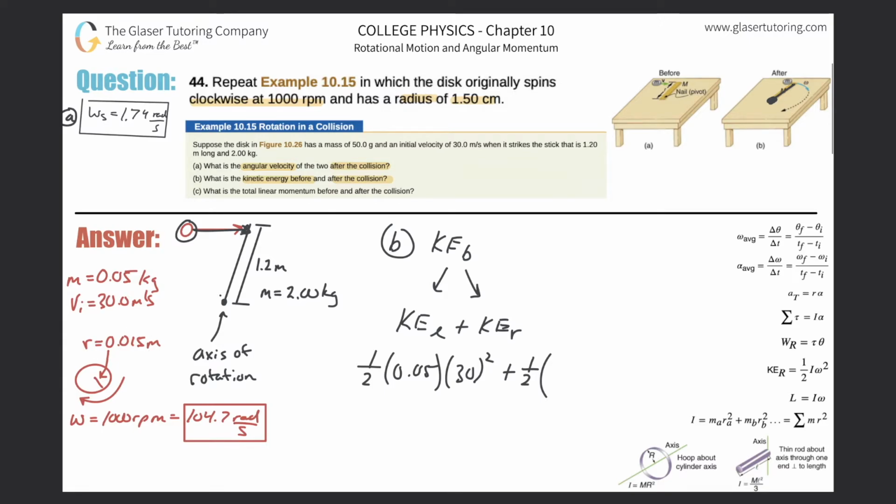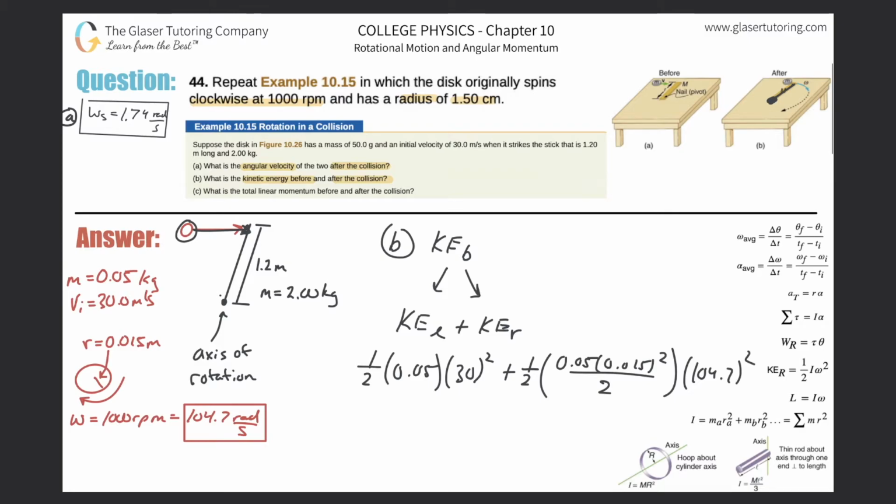We already talked about the disk formula. So that's going to be 0.05 multiplied by the radius 0.015, and that's squared, all divided then by 2. And then multiplying it by the angular velocity, which was 104.7. So this is times 104.7 squared.